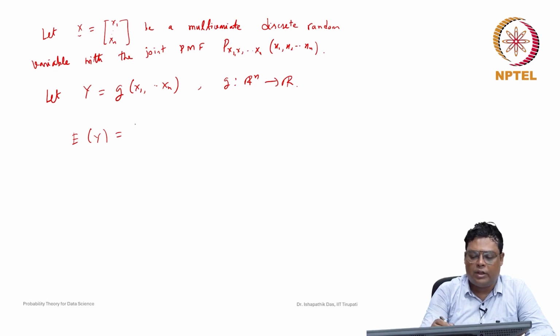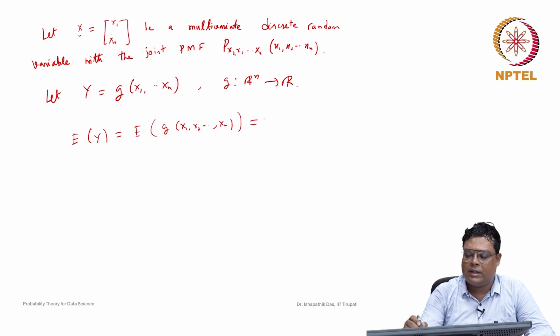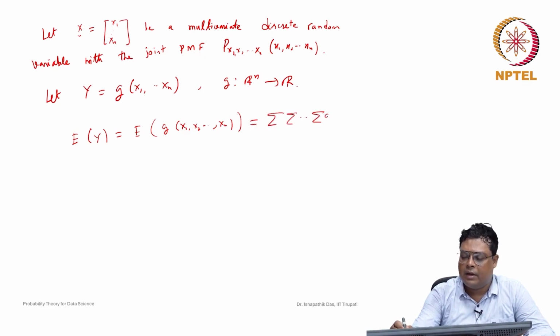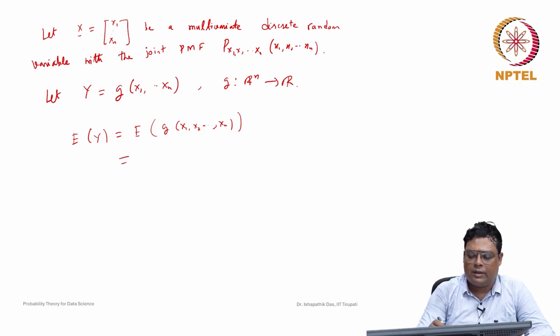The expected value of y, that is the expected value of g(x1, x2, xn), by definition is the sum over all the possible values that g(x1, x2, xn) can take, multiplied by their probability p(x1, x2, xn).